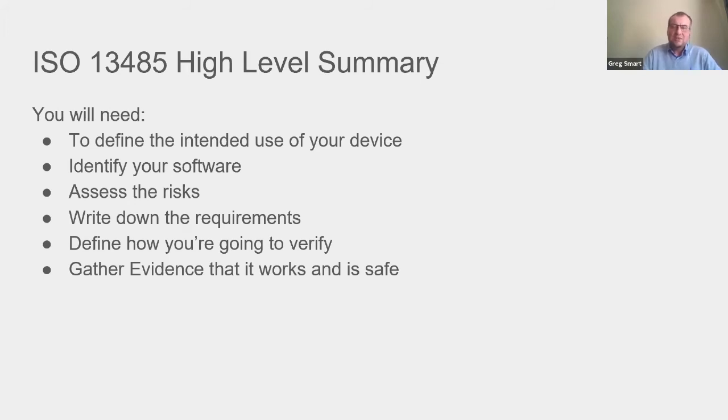Now, that doesn't necessarily have to be a full-blown randomized controlled trial. It can just be a pilot. But you need to gather some evidence from that. And often how you do that is by looking at equivalence. So if you can demonstrate that your product is at least as good as some other product that's already on the market and certified, that it performs at least as well and hopefully better, then you have satisfied the requirements for clinical effect.